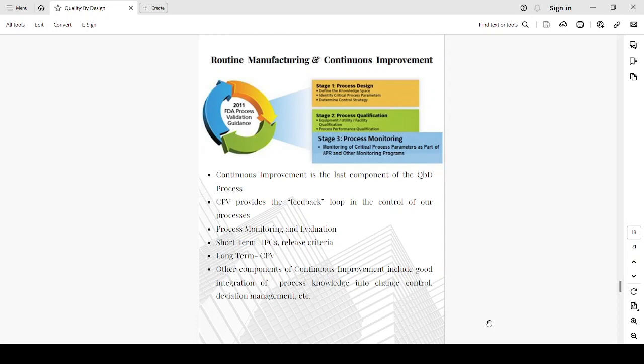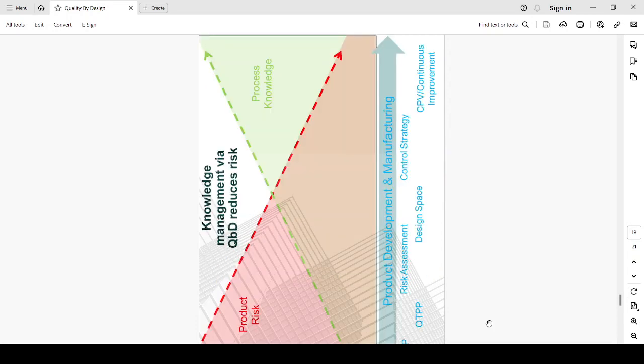Other components of continuous improvement include good integration of process knowledge into change control, deviation management, etc. Knowledge management via QbD reduces risk. We can say that product risk is reduced and process knowledge is increased.